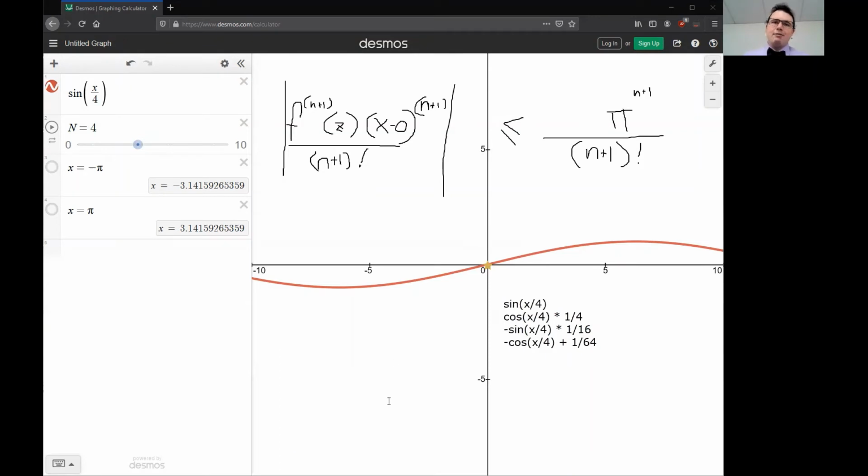I'll always have one of the basic trig functions, plus or minus sine, or plus or minus cosine. And they'll always be evaluated at the number x over 4.